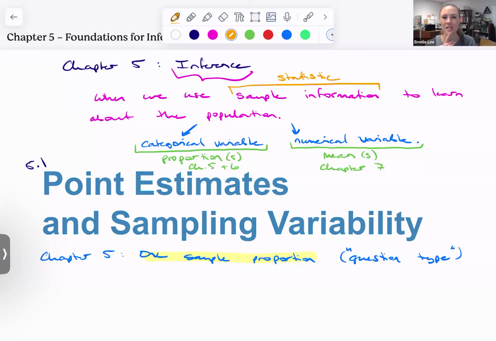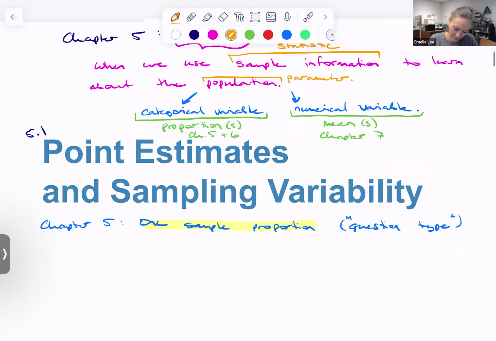A statistic is a measurement from a sample, right? So we use a statistic to learn about the population, but really what are we talking about? We're talking about the parameter, the corresponding parameter. Okay. So we're going to talk about statistics and parameters.